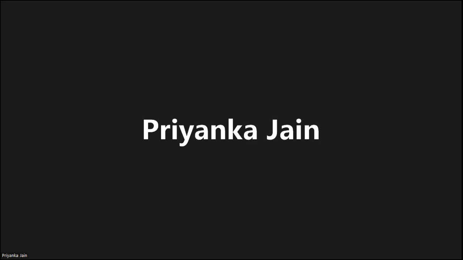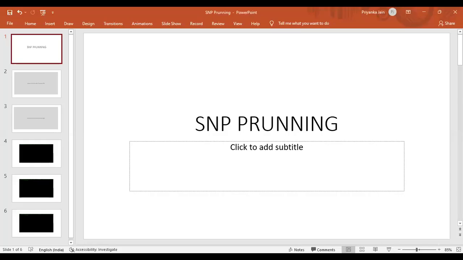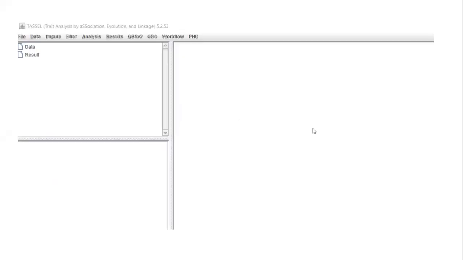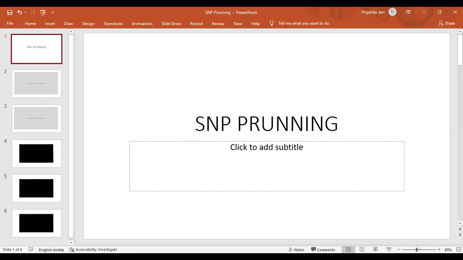So for the SNP pruning, you can see my screen, I feel. The VCF file which you have generated, I hope everyone has that VCF file. Please check if you have it; I have shared it with you.